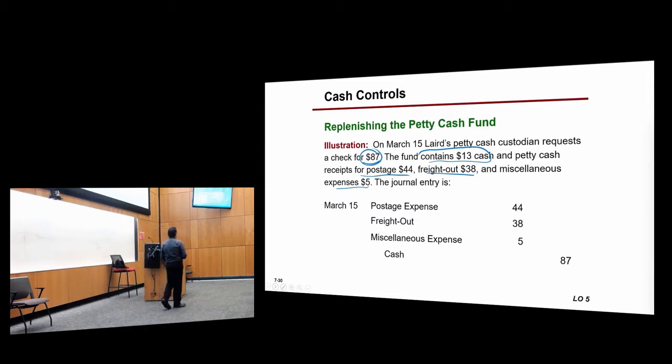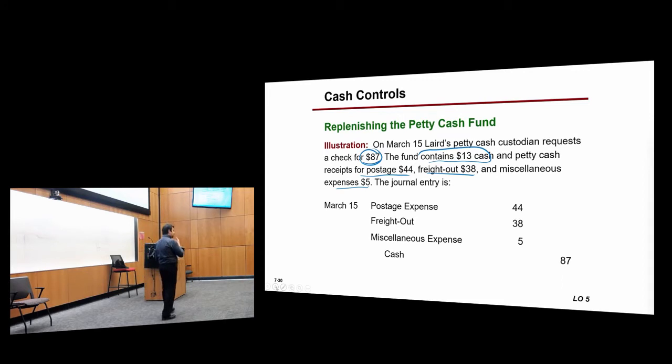Why aren't we using petty cash fund? Why are we using cash? The account petty cash was used only to establish that account.